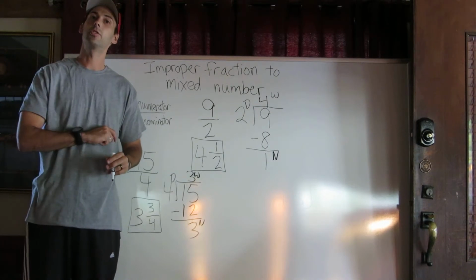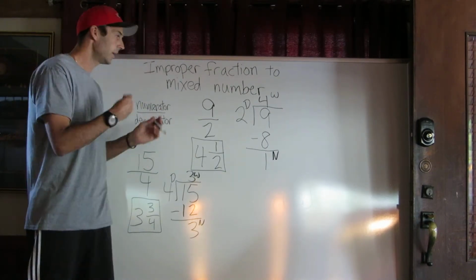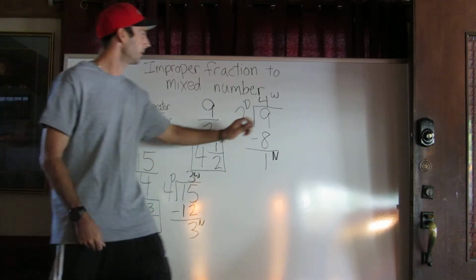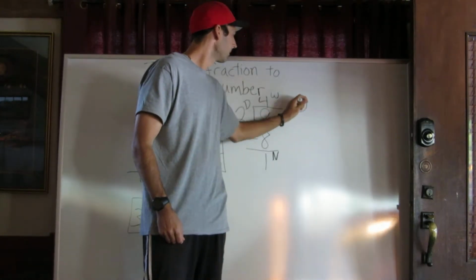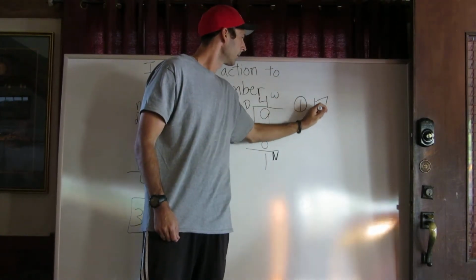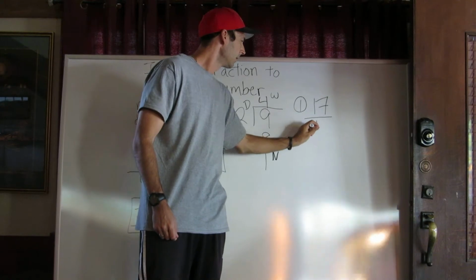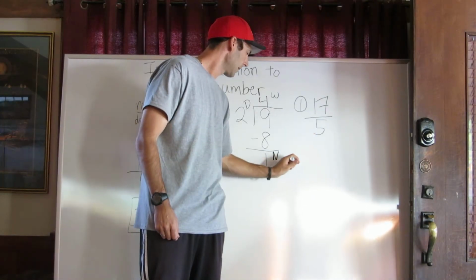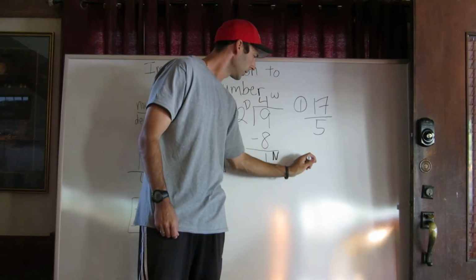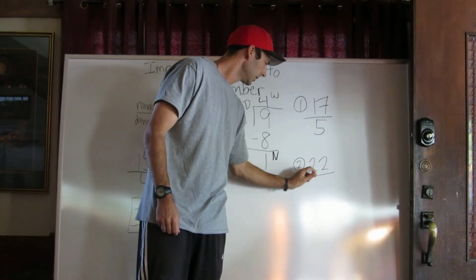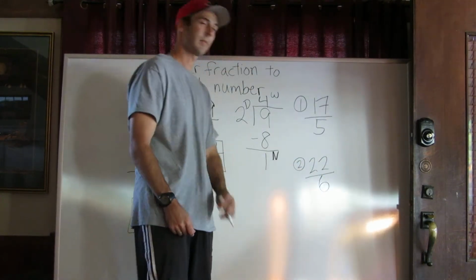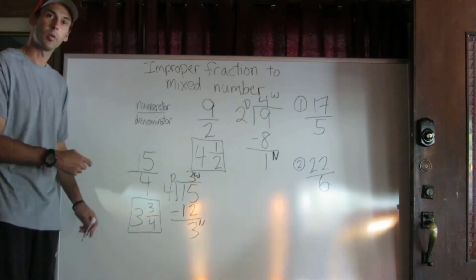Now I'll give you 2 to try on your own. You try them out, we come back together and see if you have them right. First one, 17 fifths. Second one, 22 sixths, and you go ahead and start working on them.